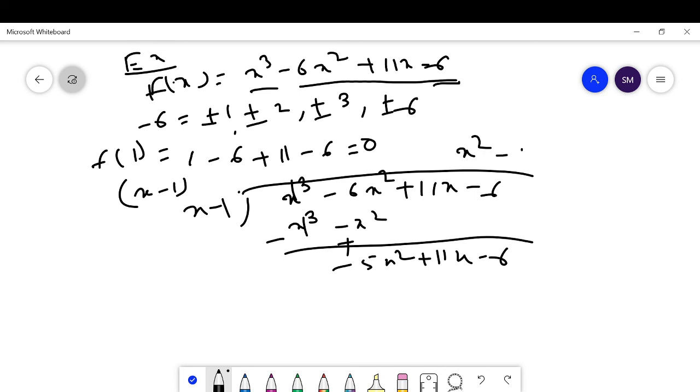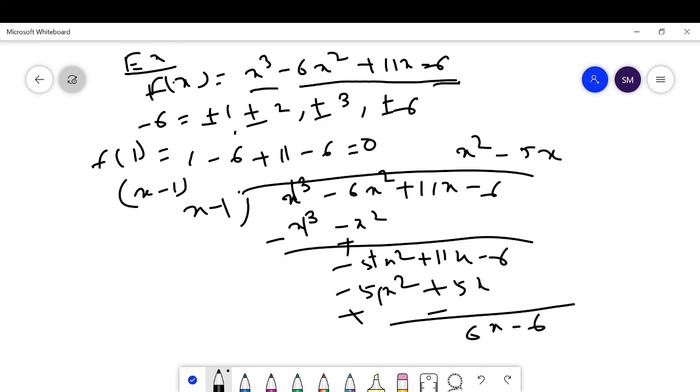What should be multiplied with x to get minus 5x square? Minus 5x. Then we get minus 5x square plus 5x, then cancel. Then we get 6x minus 6. Then again we multiply by 6: 6 into x is 6x, 6 into minus 1 is minus 6.